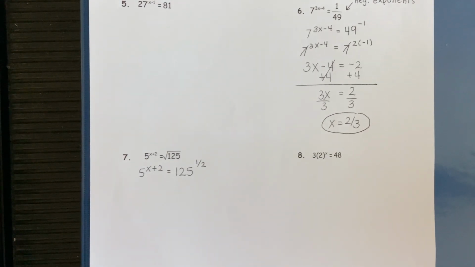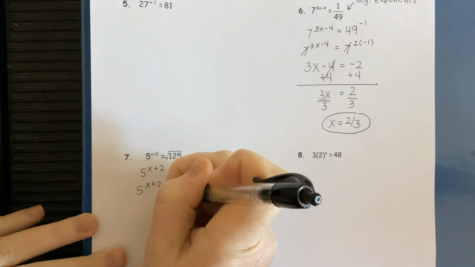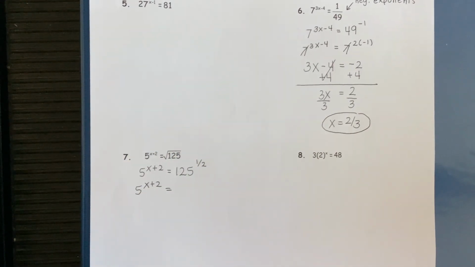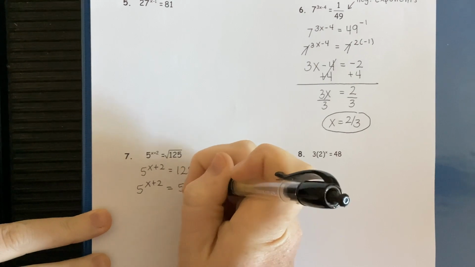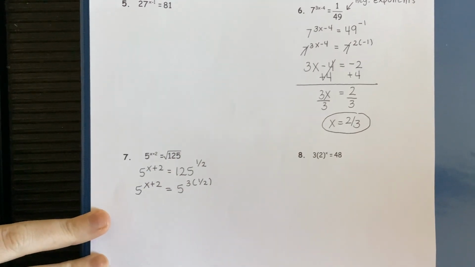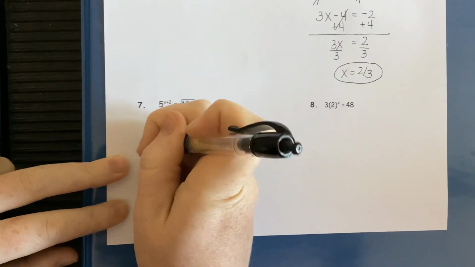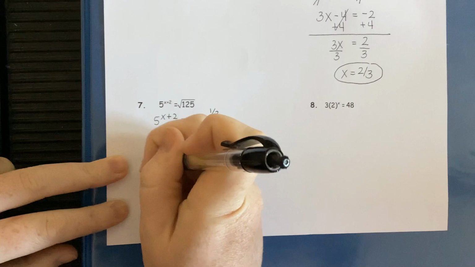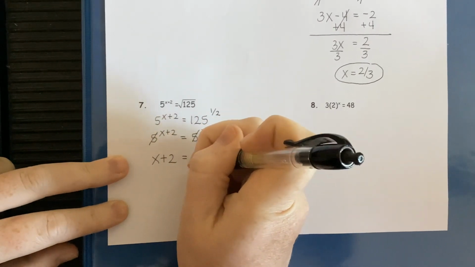Now again, you're thinking, how can I rewrite to get the same bases? So 125, that's 5 times 5 times 5. So 5 raised to the 3rd power times that 1/2. Now I have the same bases, now I can solve. So cancel, cancel. x plus 2 is equal to 3/2.